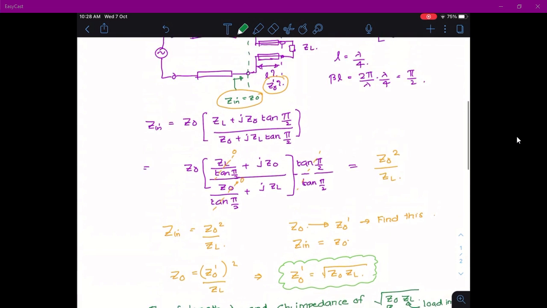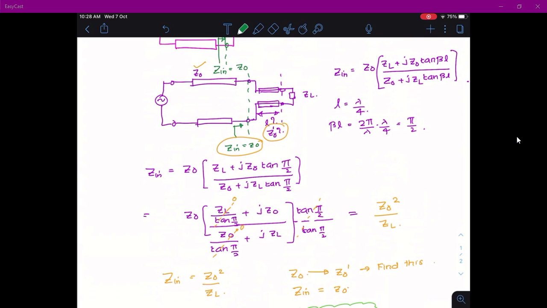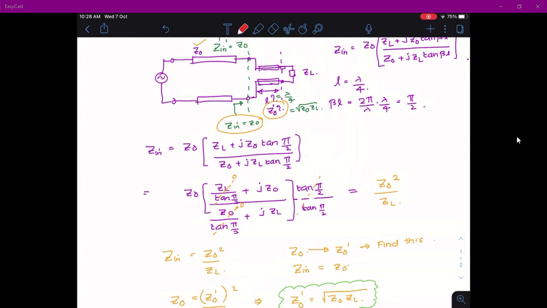So now in this figure, if I have L equal to lambda by 4 and Z0 dash is equal to root over Z0 ZL, then I will have my Z in equal to Z0.